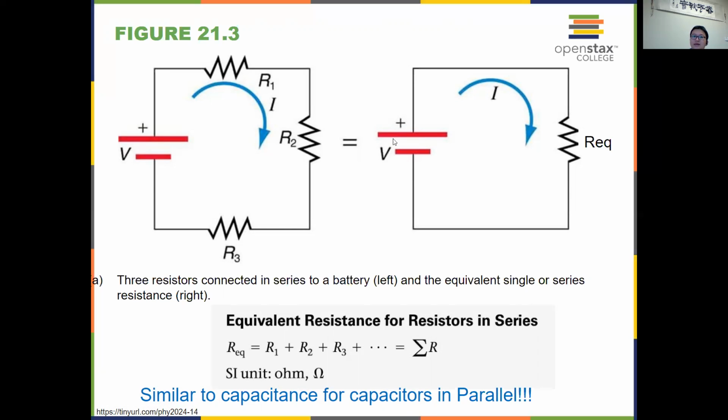Let's see what's the relationship between the resistance of each of these and the resistance of the equivalent resistor here. Because they have the same current going through, let me show you the algebra involved.